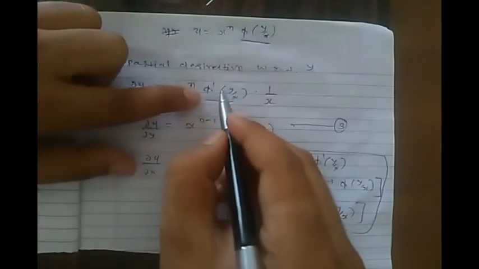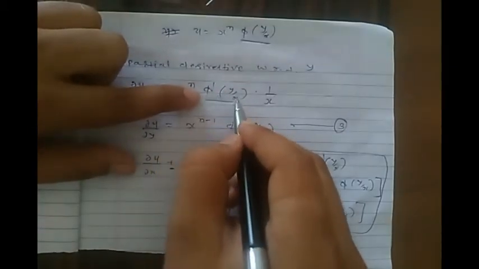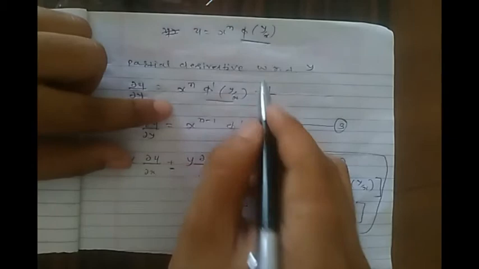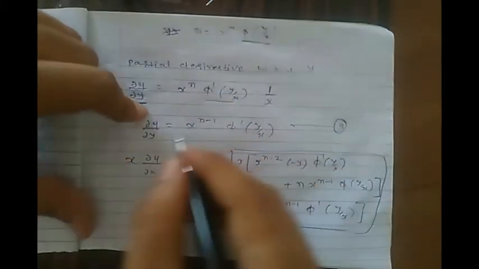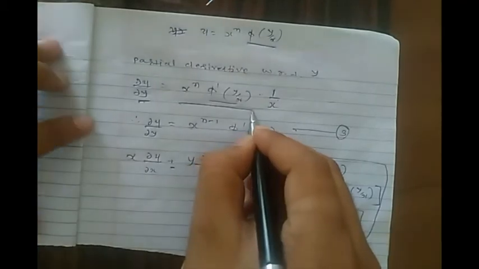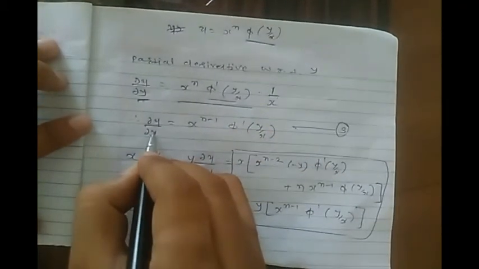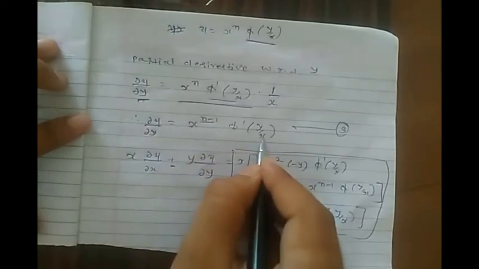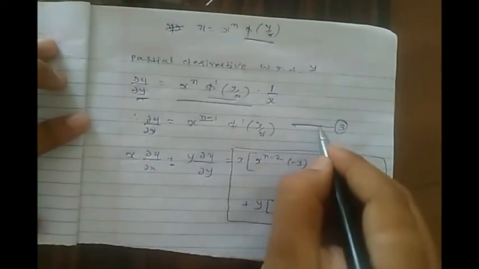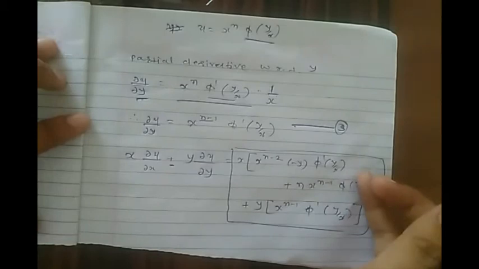So I have phi prime of y by x into, by chain rule, 1 upon y. Again I will simplify this statement. I have del u by del y is equal to x raised to n minus 1 phi prime of y by x. I will call this equation number 3.